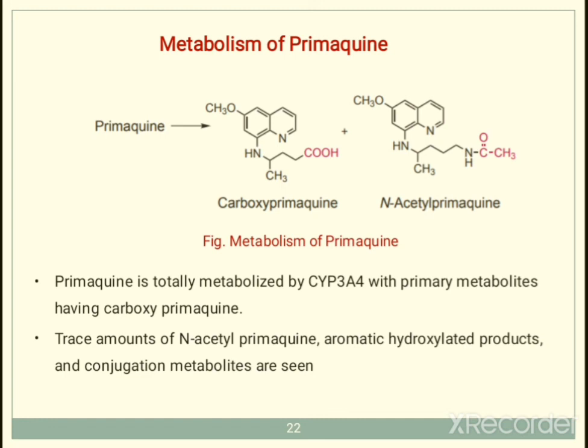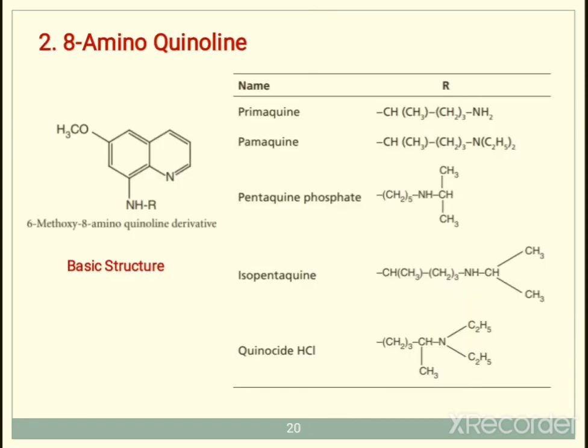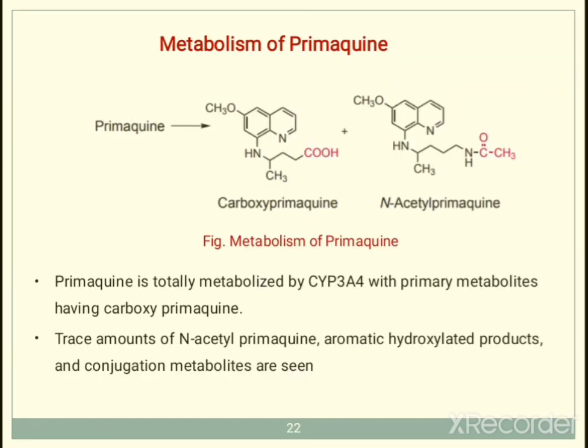At the end, the NH2 will be converted into COOH, meaning acid, that's why it is called carboxyprimaquine. And the second metabolite is N-acetylprimaquine. You can see an acetyl group has replaced one hydrogen of this NH2. So these two metabolites are formed from primaquine.